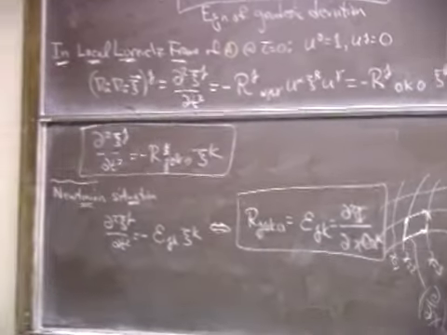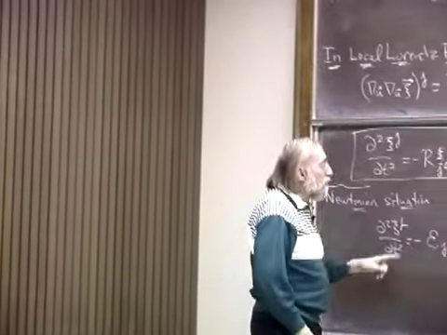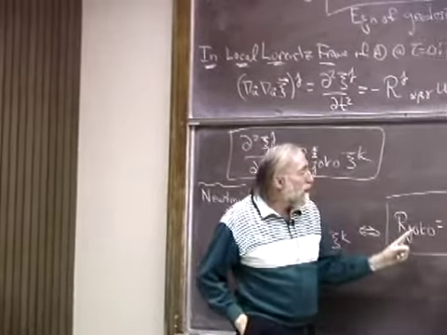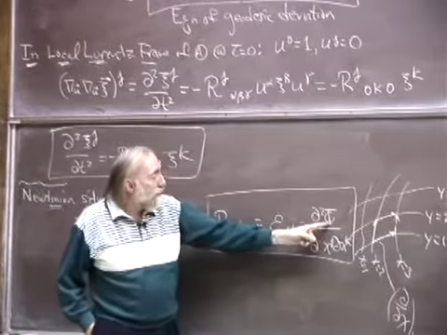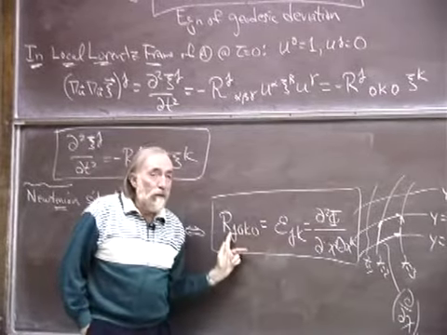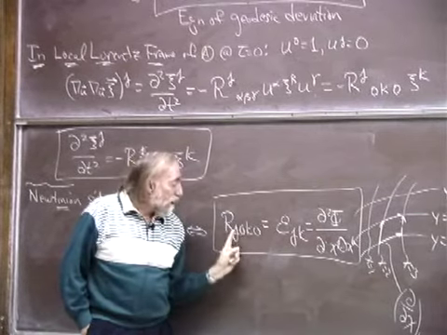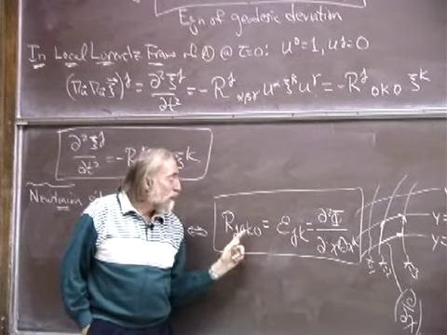So this exhibits explicitly in Newtonian situations the relationship between the Newtonian gravitational field and the Riemann curvature tensor. These are the pieces of the Riemann curvature tensor that will show up.